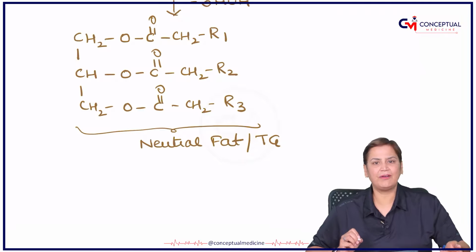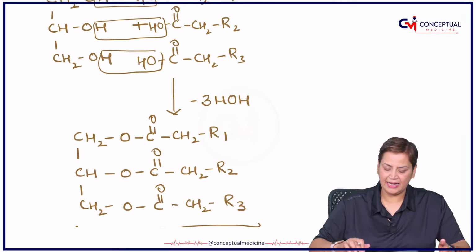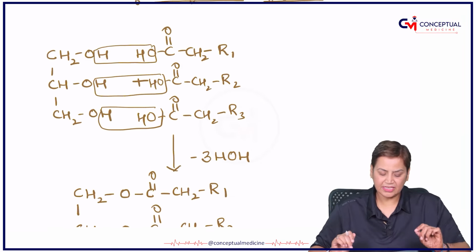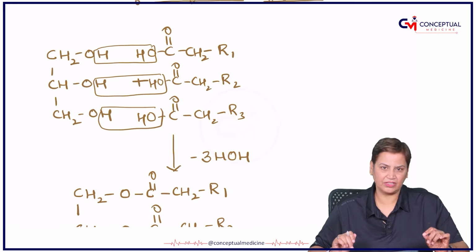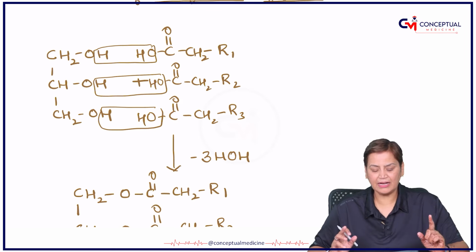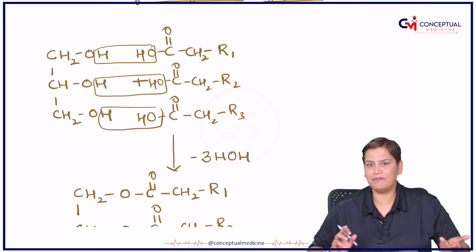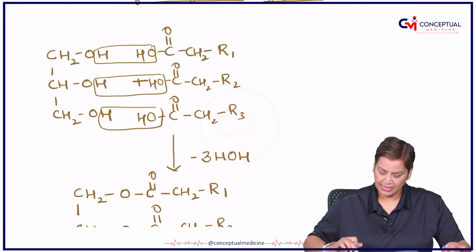So how do we define a fat? A fat is simply an ester of fatty acid and glycerol. And the entire classification of these fats is based on this particular structure. Always remember that fat is different, fatty acid is different. We are making a fat from fatty acids, and whenever we eat fat, it goes inside the body in the form of fatty acid and glycerol or some other alcohol.